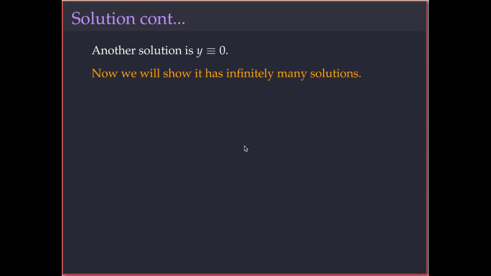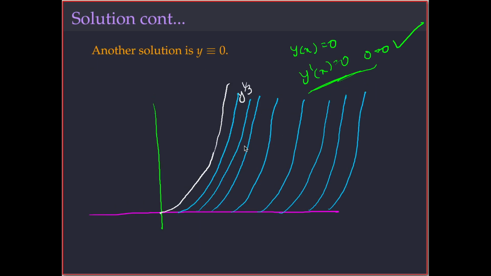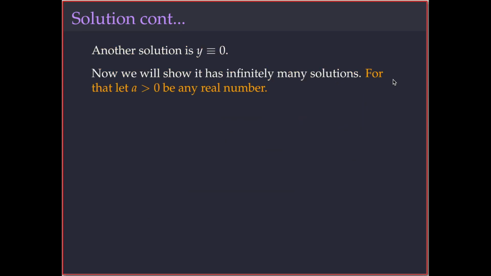In particular, if a is greater than 0, this is my a. All these are solutions. So if a is any real number, I define y(x) as 0 if x is less than or equal to a, and y(x) = (x - a)^(3/2) if x is greater than a.